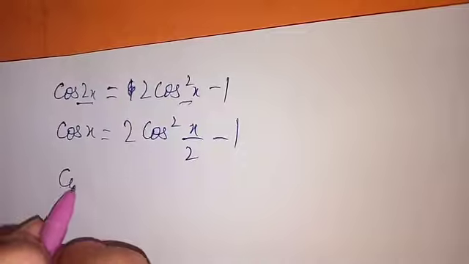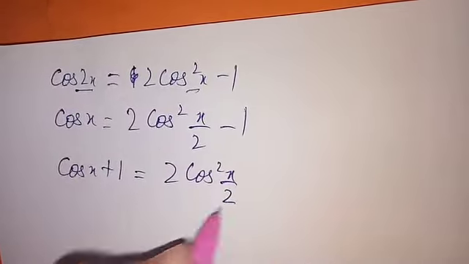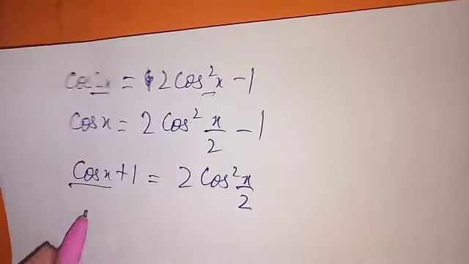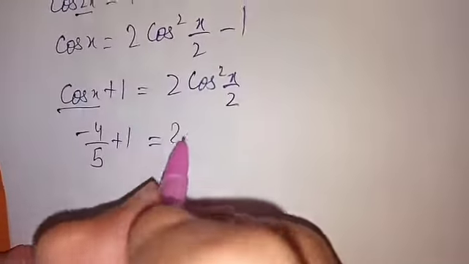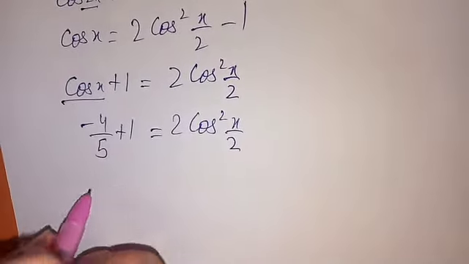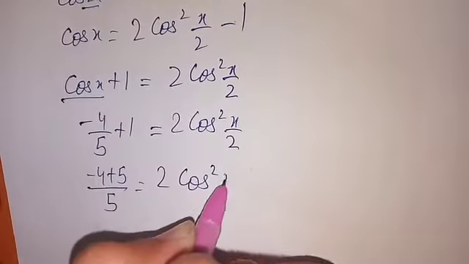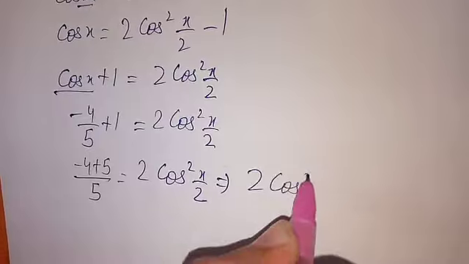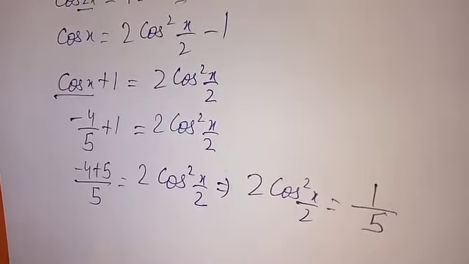This I can write as cos x plus 1 is equal to 2 cos square x by 2. Cos x value is known to me, that is minus 4 by 5 plus 1. This will be 2 cos square x by 2. So 5 will be LCM, minus 4 plus 5 is equal to 2 cos square x by 2. That means 2 cos square x by 2 is equal to 1 by 5.